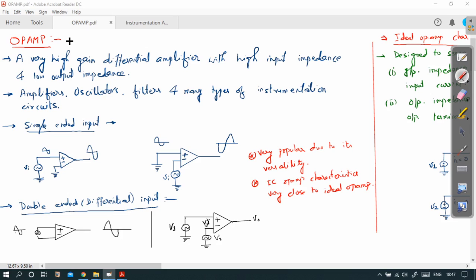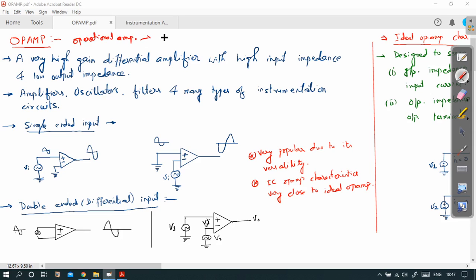We are all aware of this right from the first year, when you started studying basic electronics. You studied this topic in that same subject. OPAMP is basically operational amplifier. Why is it called operational amplifier?